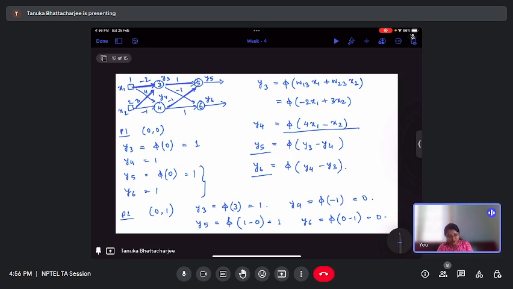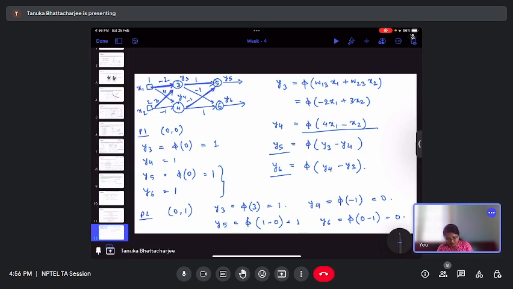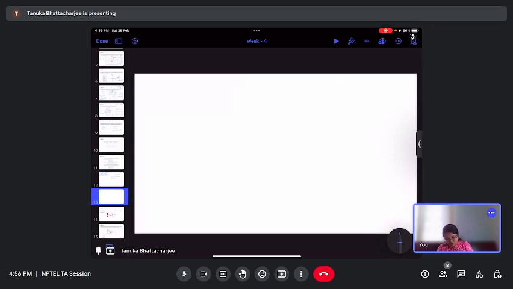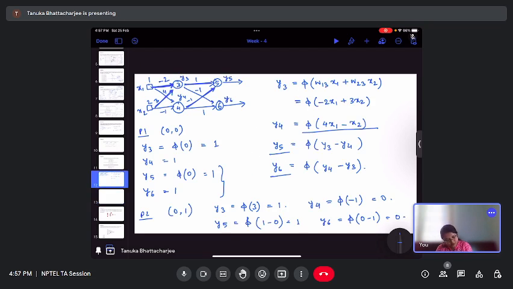I will compute one more maybe. If we consider the point 1 1, then your y3 will be phi of 1, which is 1.